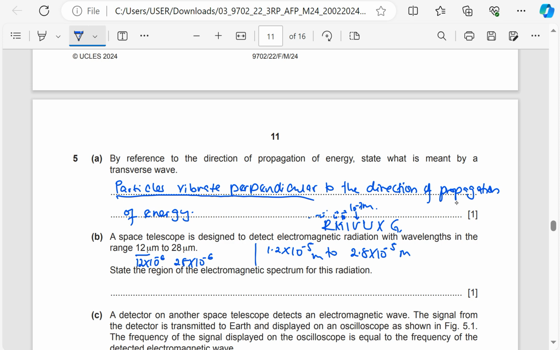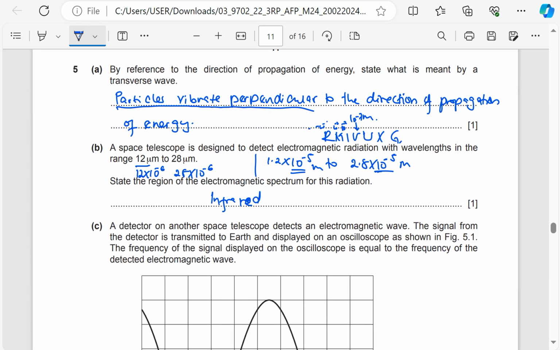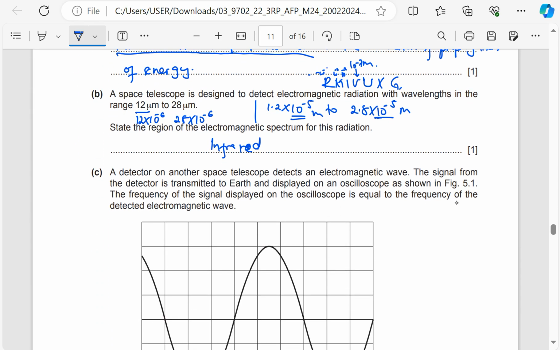So this is going to be infrared, because the wavelength is of order 10 to the power of minus 5. That is on the left-hand side of visible light, where visible light is 10 to the power of minus 7. So this is infrared.